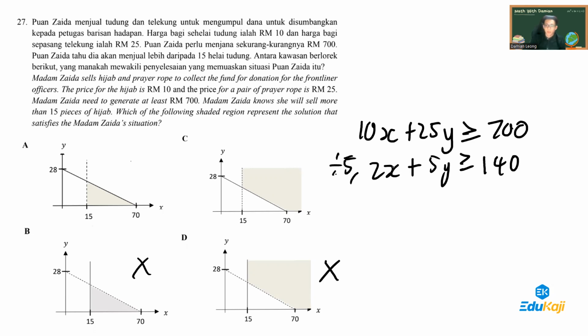If I put in x equals 0, y is 140 divided by 5, 28. y equals 0, 2x, bring over, 70, x is 70. That's why it's this line. So you see it's more than when compared to the y, or compared to x means it's on top and also to the right. So on top means this one. So answer would be C.